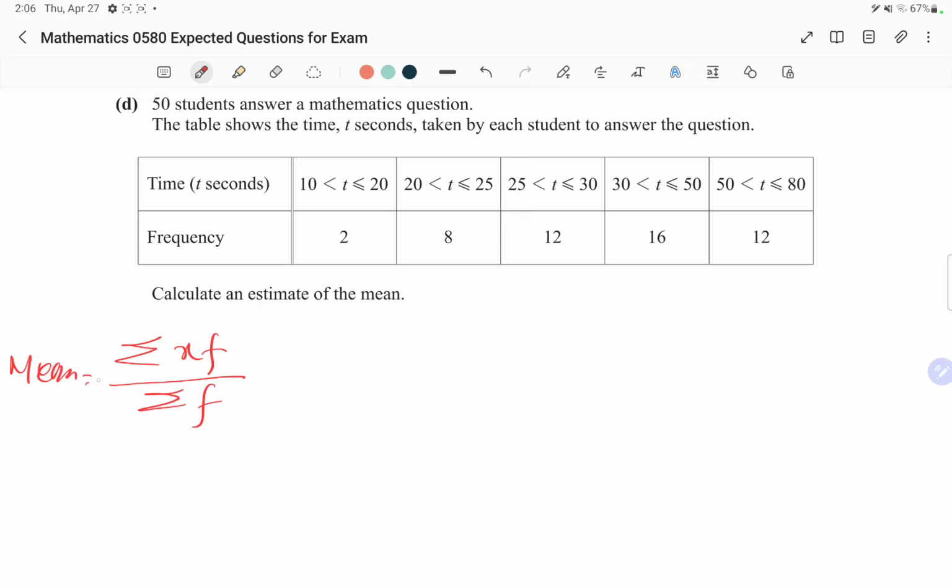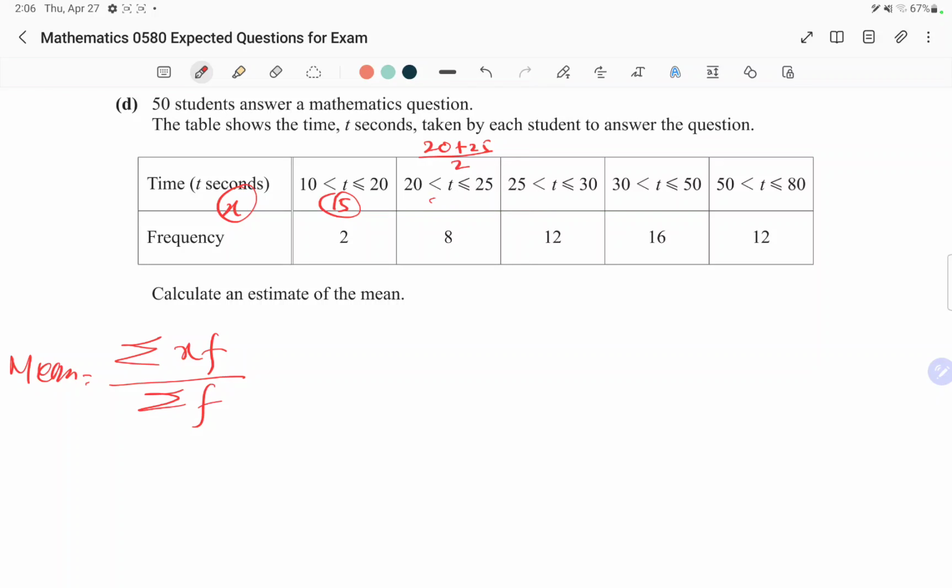X is the data, but here instead of x we have class ranges given. We need exact x. How can we get that? We have to find the middle value. So 10 plus 20 over 2, that's the mid value, so that is 15. Now here also 20 plus 25 over 2.